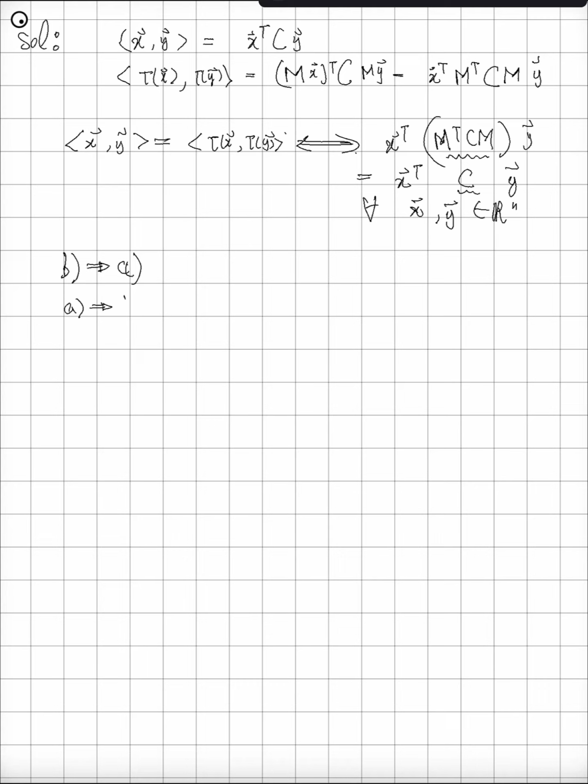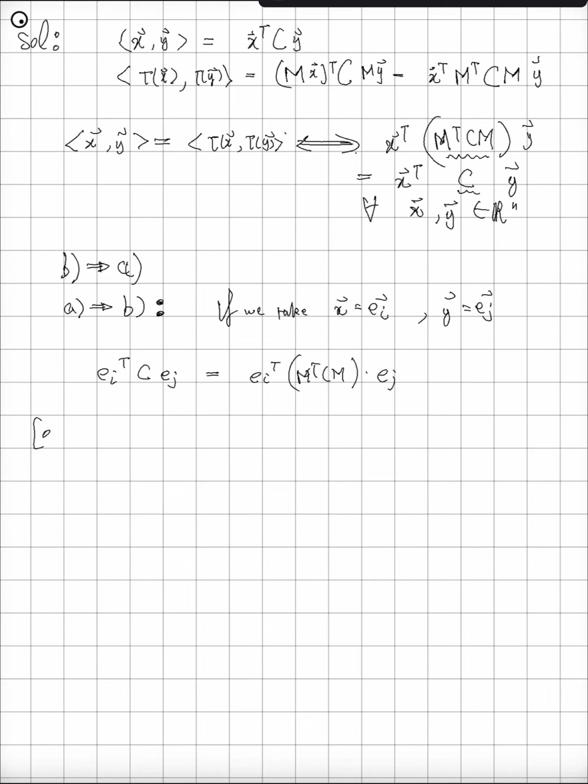And for A implies B, it requires, again, using test vectors. If we take X to be e_i and Y to be e_j, then this tells us e_i transpose M^T C M e_j equals e_i transpose C e_j. So what is this?